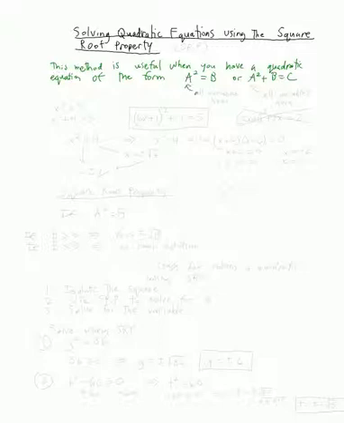One thing I should point out is that all your variables have to be here, or all variables here. Let me give you an example. An equation like this, perfect for the square root property. Or an equation like this, that's nice too.